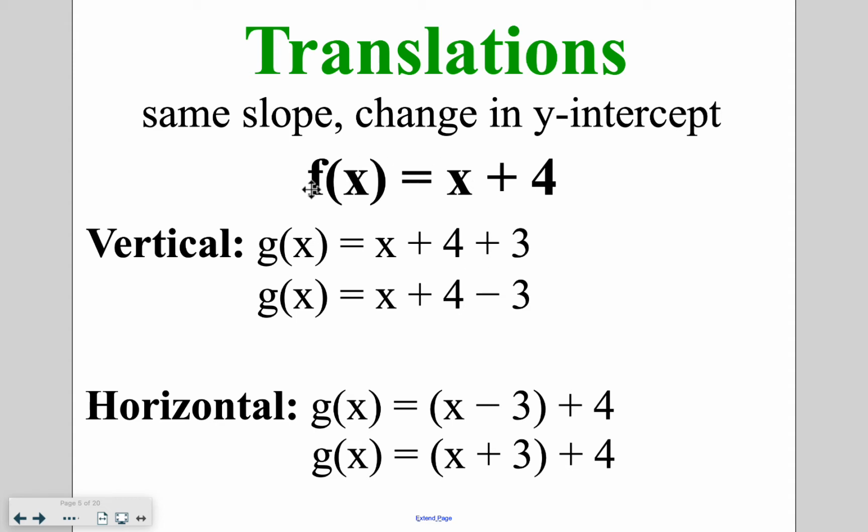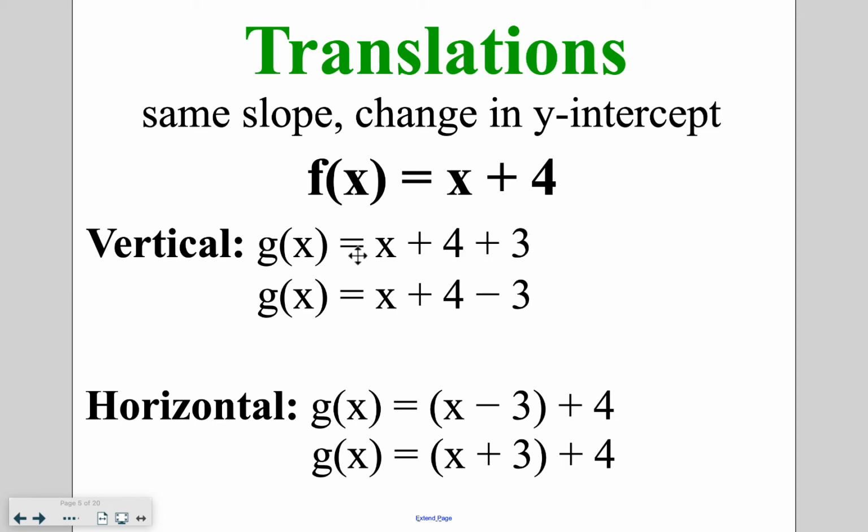So I'm going to start with a function of f of x is equal to x plus 4. F of x is always going to be your starting function that you're looking at. Anything other than f, so in this case I use g of x for my examples, is going to tell you that something has changed. So with our vertical translations, we're adding a number onto the end.